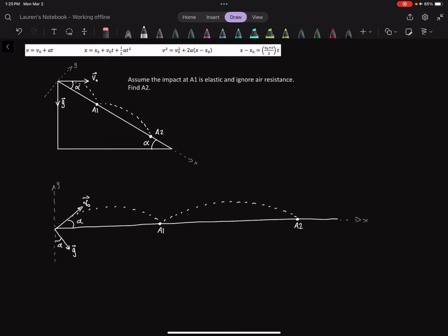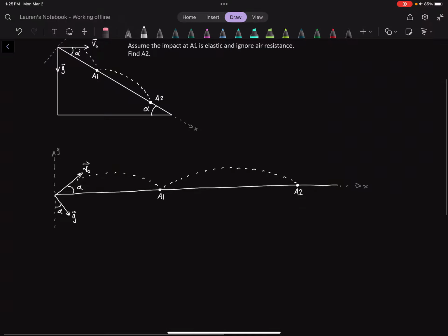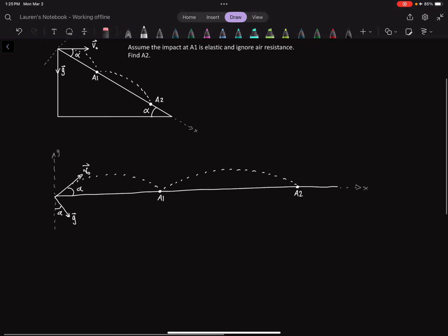That way you get your projectile motion equations, like, for example, y is equal to v naught sine alpha t minus 1/2 g t squared, right? And then you only have your acceleration in the y direction. Well, we can't do that because we have acceleration components pointing along the y and the x because we've tilted our axes.